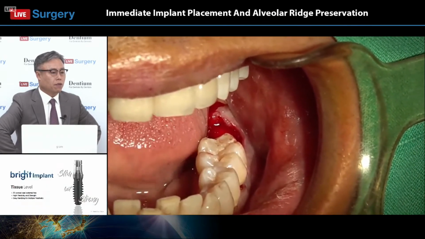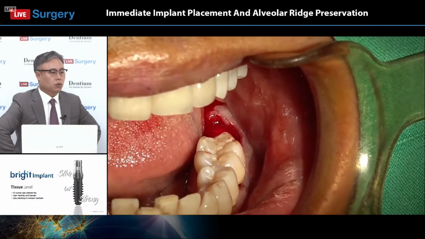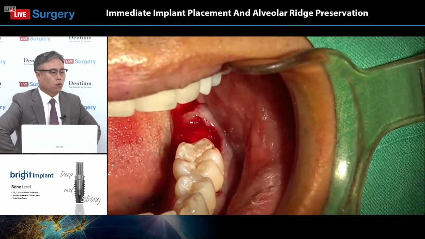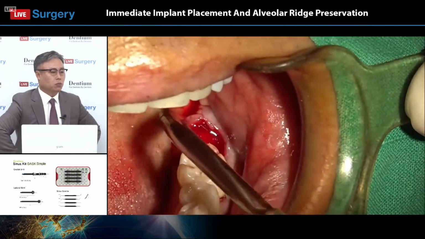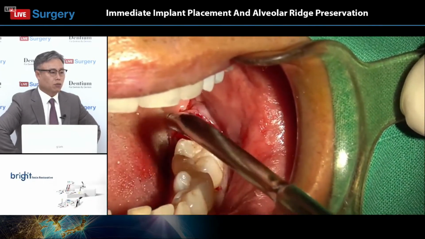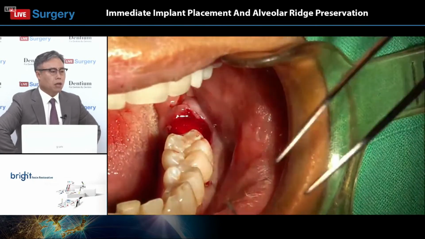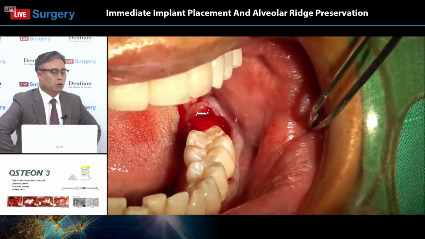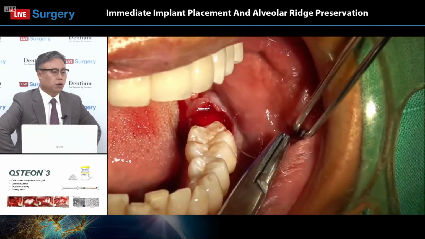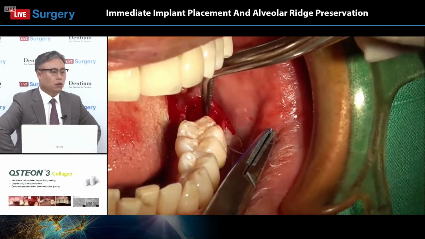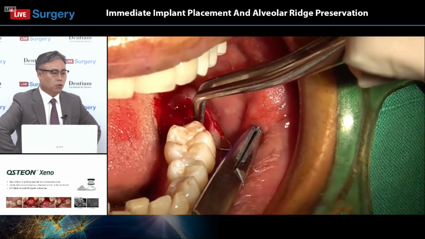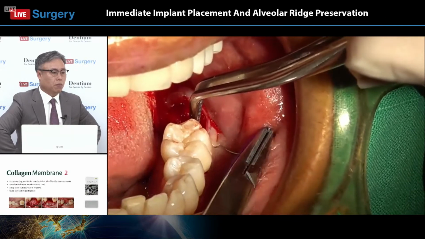It's very good for manipulation, and the reason we apply the collagen matrix on top of the bone graft is to enhance soft tissue healing, and another reason is minimizing particle dissipation. Therefore, the collagen matrix works better than the collagen membrane, so my preference is also using the collagen matrix.